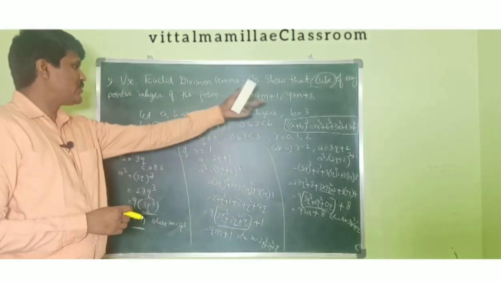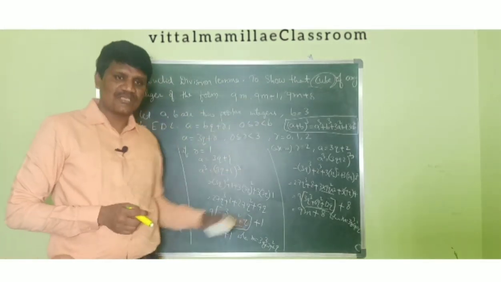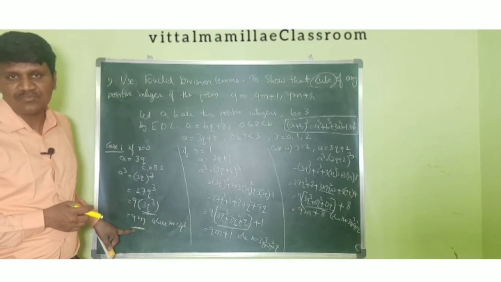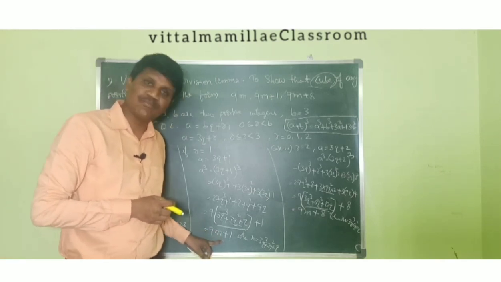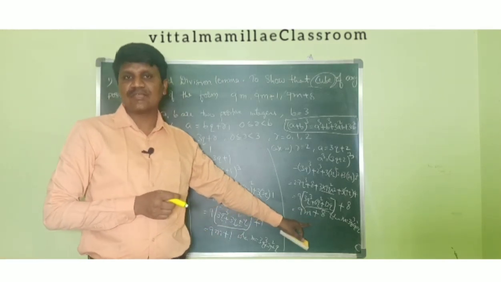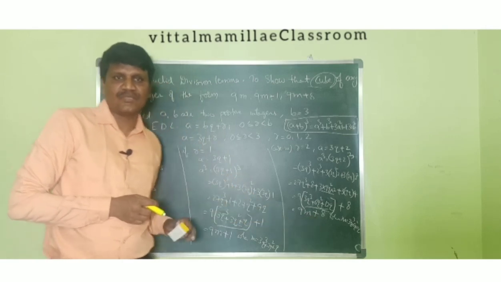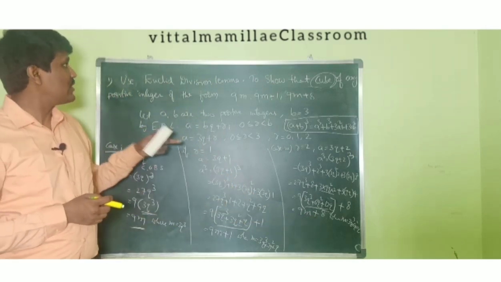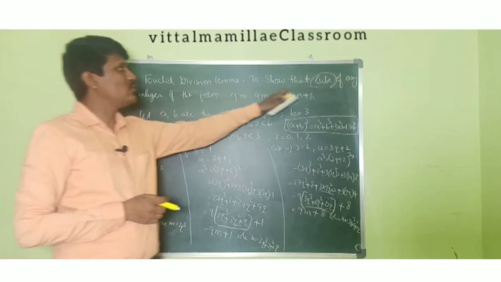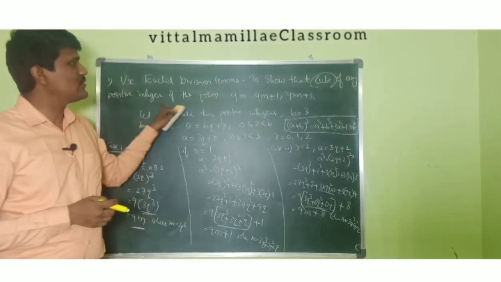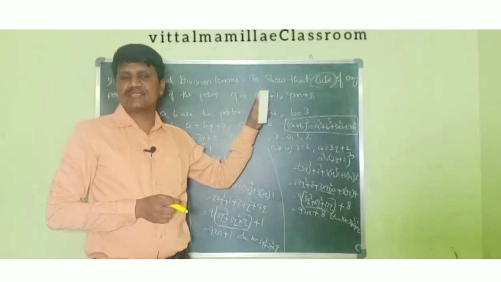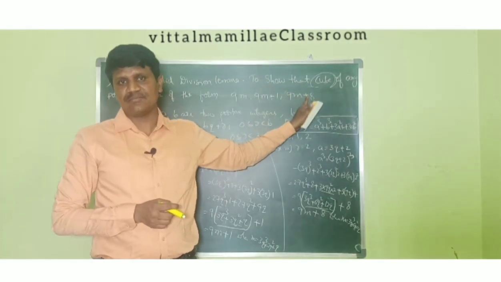Now we have taken all 3 cases. In the first case we got the form 9m, in the second case we got 9m plus 1, and in the third case we got 9m plus 8. Therefore I can write that the cube of any positive integer is of the form 9m, or 9m plus 1, or 9m plus 8.